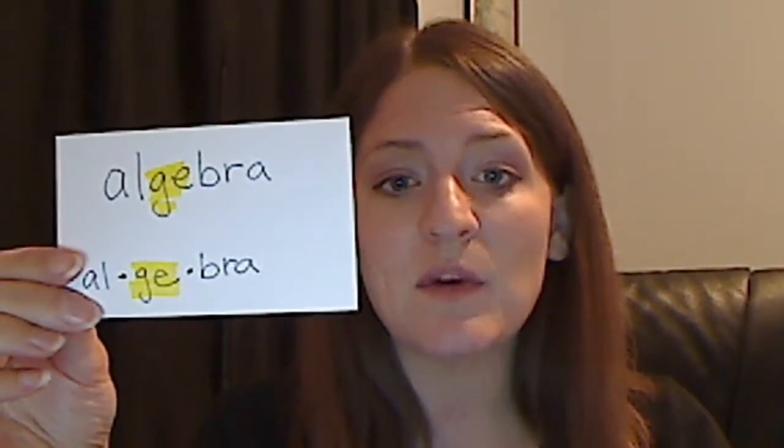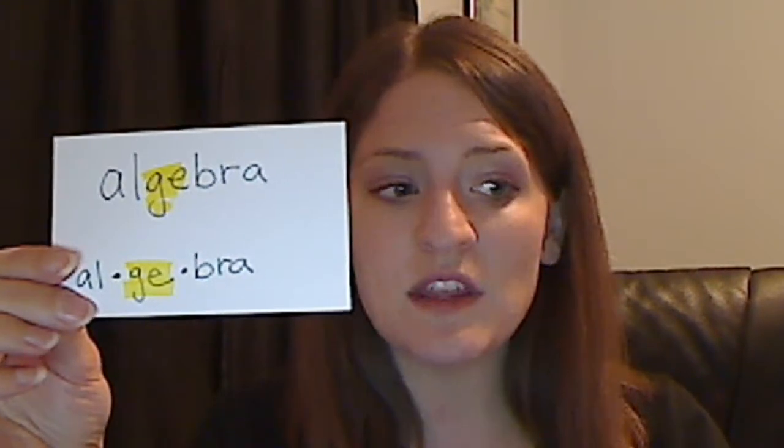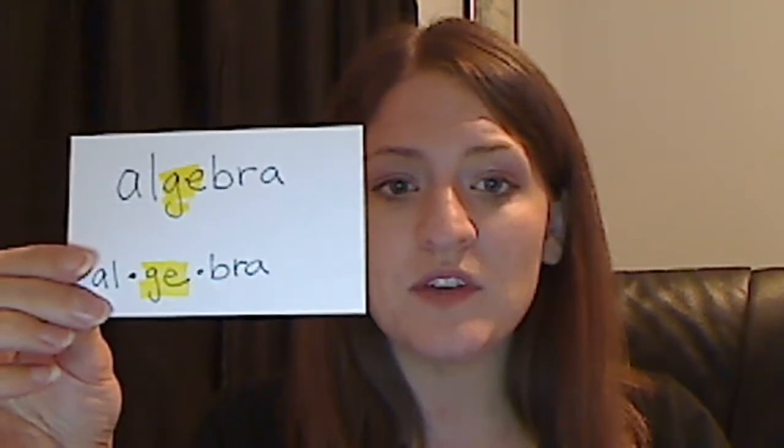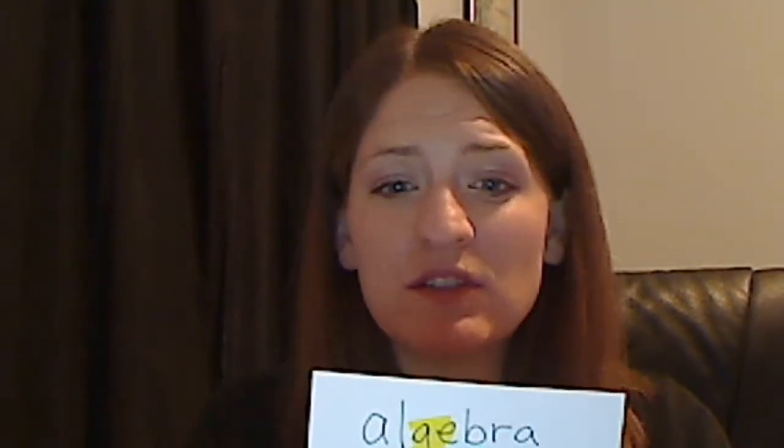Go ahead and do that with each of those words on your index cards. When you're done with that, you can take those index cards and have a learning coach or big brother or big sister say those words to you out loud, and then you go ahead and write them on your whiteboard. If you miss them, go ahead and review your cards again, and if you get them correct, just set them to the side.